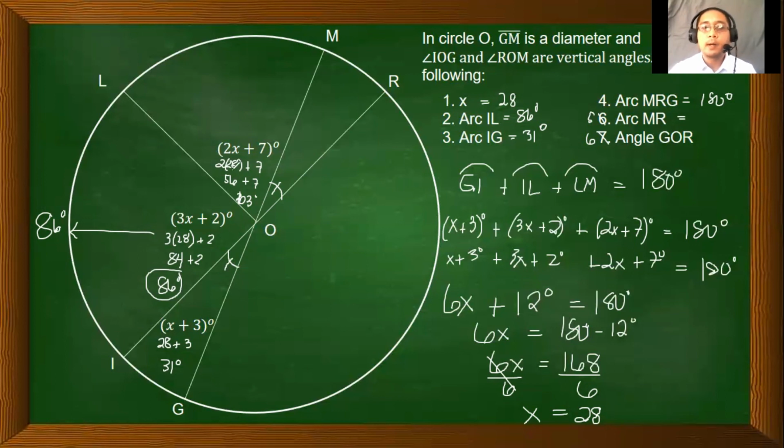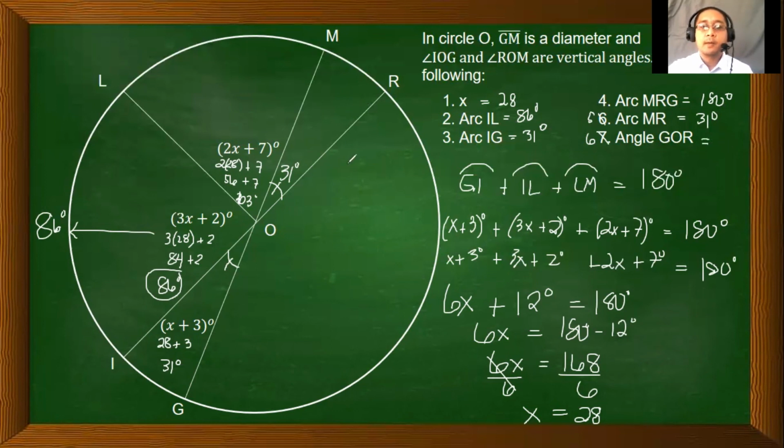Therefore, angle ROM is still 31 degrees. Applying the central angle theorem, if the value of the central angle is 31, then the intercepted arc is also 31 degrees. So the value of arc MR is 31 degrees.